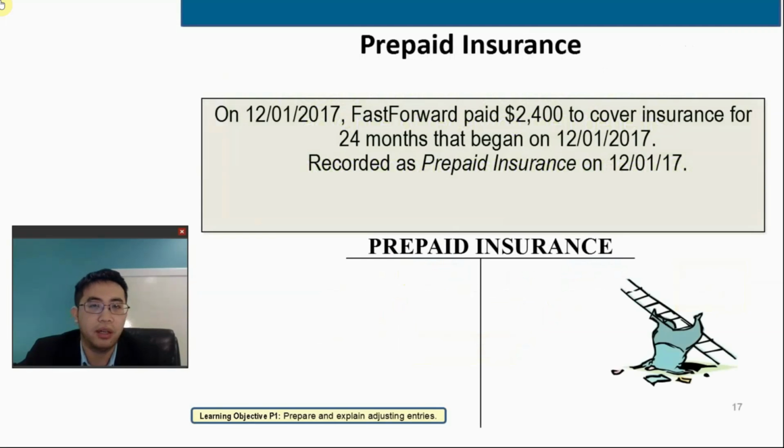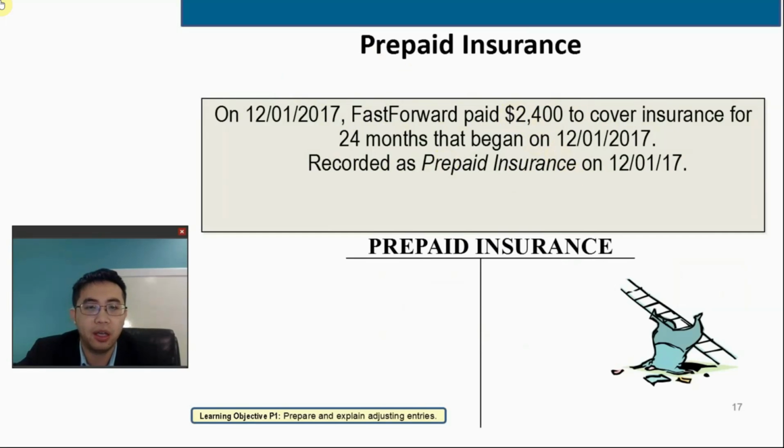Now let's look at the prepaid insurance. On December 1st, 2017, the company paid $2,400 to cover insurance for 24 months. That began today, which includes the current month. We're going to record this prepaid insurance because we spent cash, and that cash is recorded as a credit because cash drops.